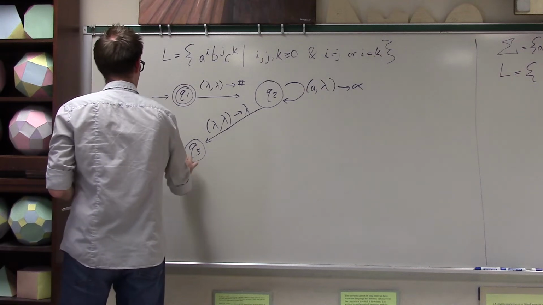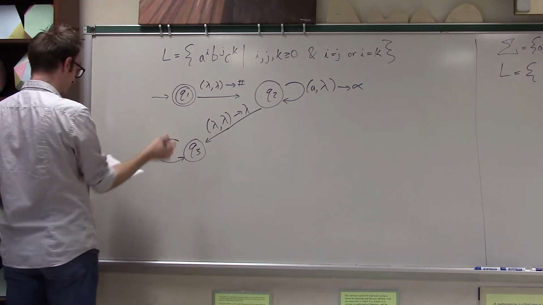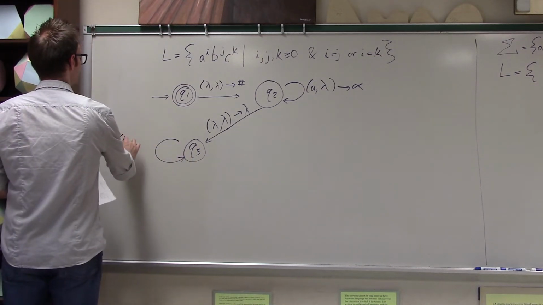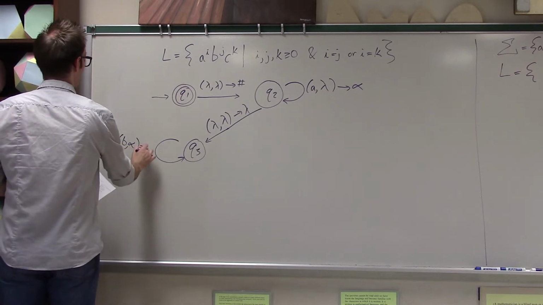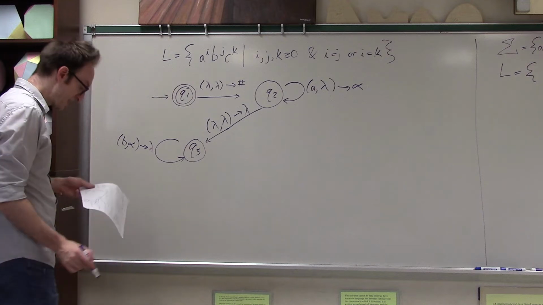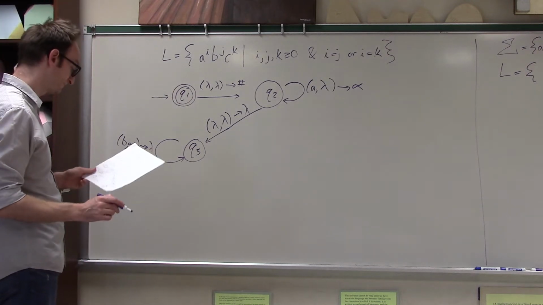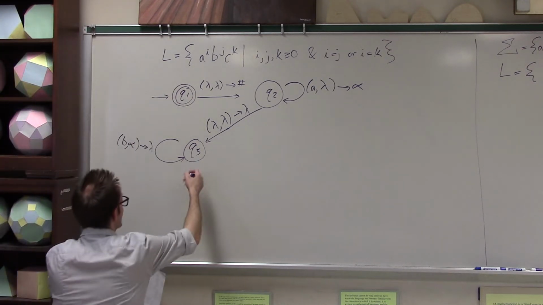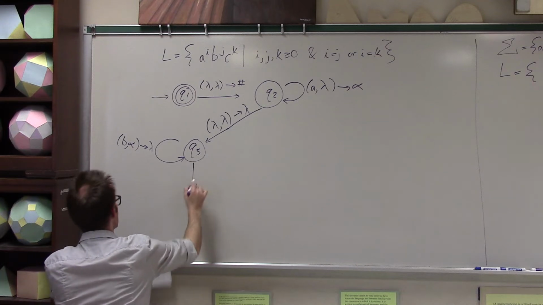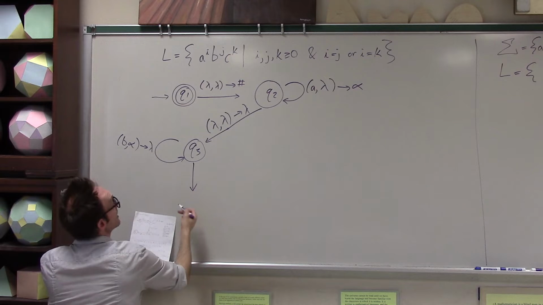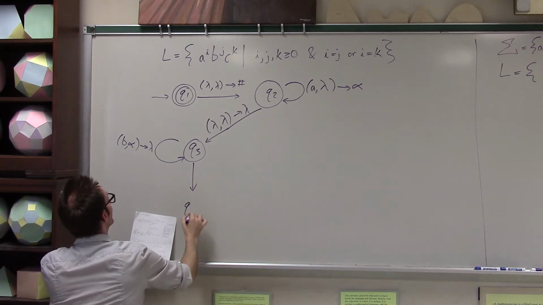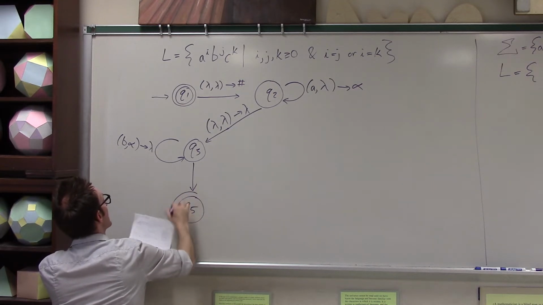So here, what I want to do is to go through Q3 reading B's, and every time I read a B, I want to pop an alpha from the stack and push nothing. And what we hope will happen is that I get to the end of the B's and I go to some state, I've called it Q5 here on my paper, so let me do that.